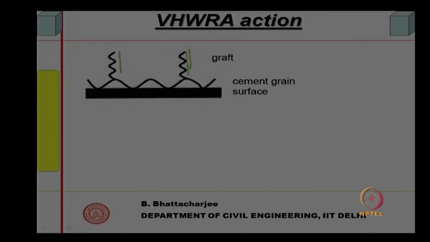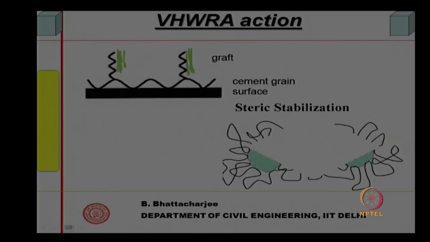So, there is the copolymer, which is an ether. It will be here, and this is the main carboxylate group. So, a long chain, and these are the grafts where you can put in any desirable ether depending upon the properties you require. Because of this, you find a long chain outside, which are again polymers, and this particle gets dispersed more.